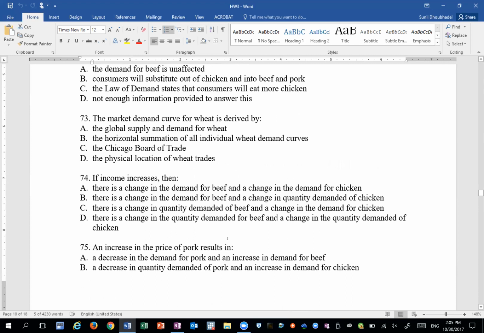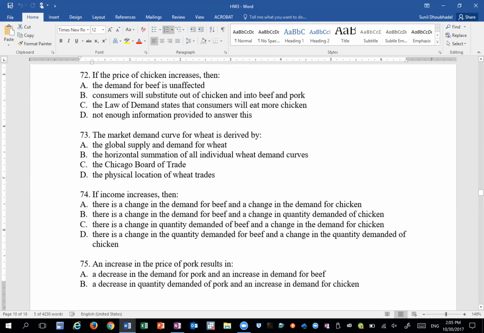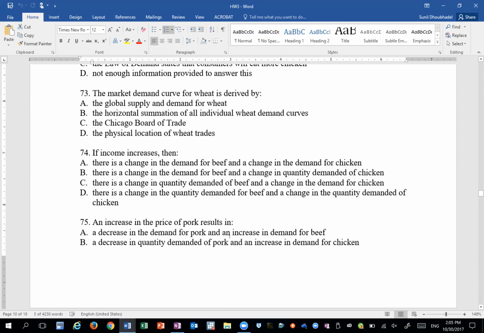Question 74. If income increases, then there is a change in demand for beef and a change in demand for chicken; a change in demand for beef and a change in quantity demanded of chicken; a change in quantity demanded of beef and a change in demand for chicken; or a change in quantity demanded for both.